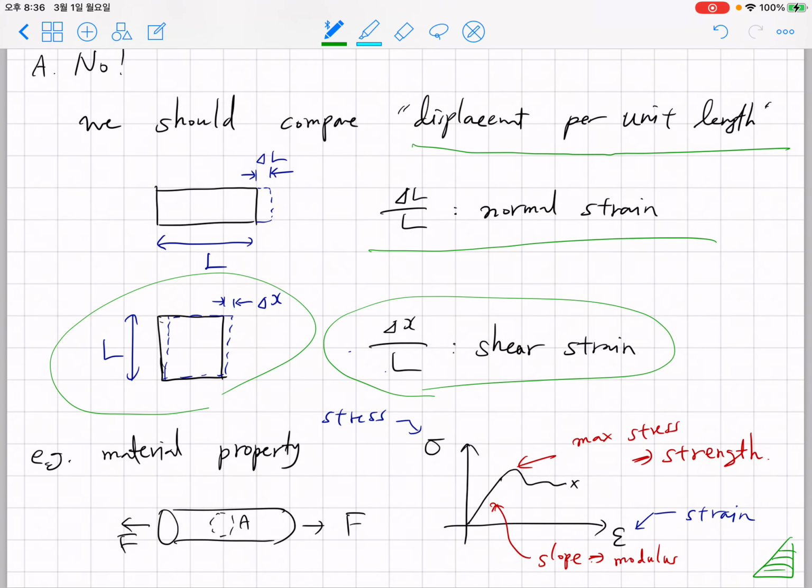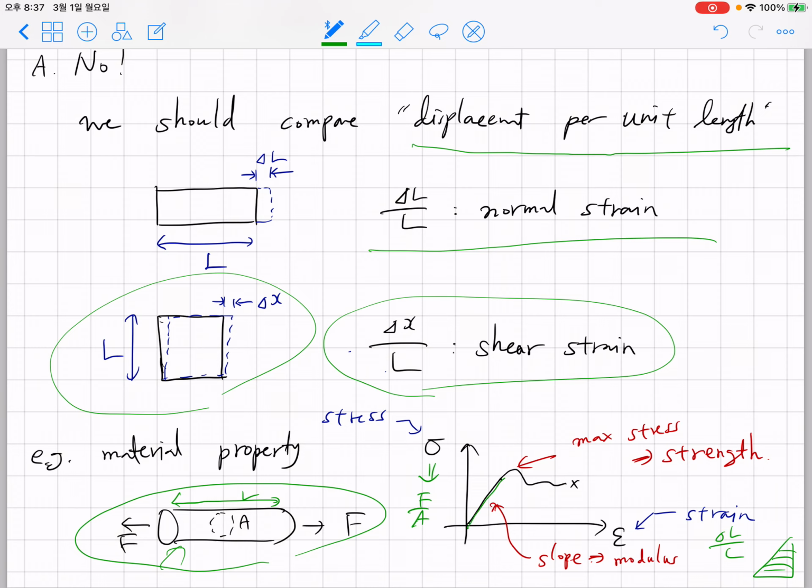This is a typical stress strain curve. Somebody makes a cylinder-shaped sample and performs a tension experiment, and defines stress as F over A and strain as delta L over L, where the original length is L. If you compare the relationship between stress and strain, originally it will have a linear relationship.